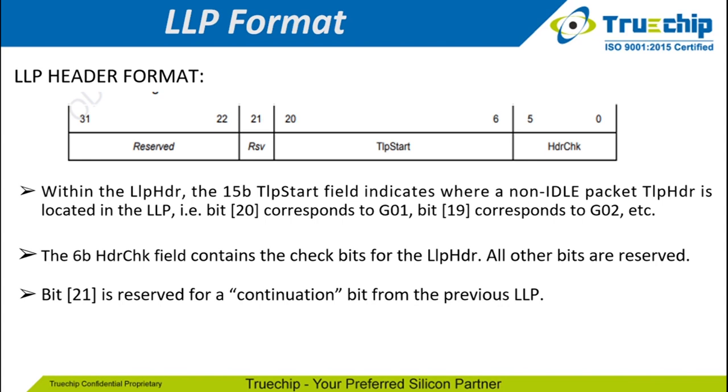That is, bit 20 corresponds to G01, bit 19 corresponds to G02, and so on. The 6-bit header check field contains the check bits for the LLP header. All other bits are reserved. Bit 21 is reserved for a continuation bit from the previous LLP.